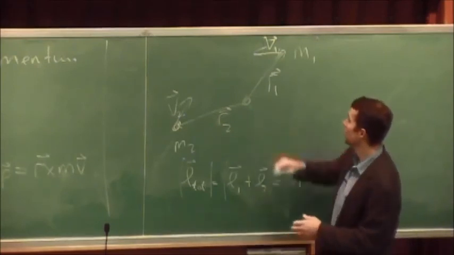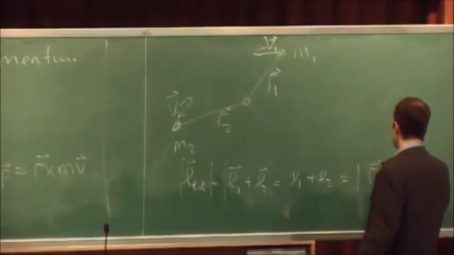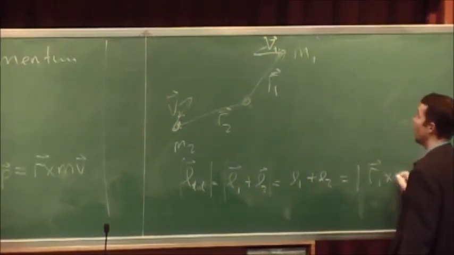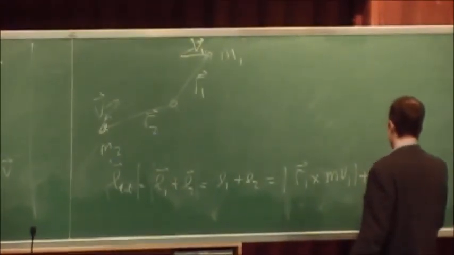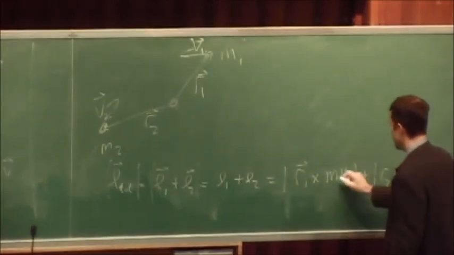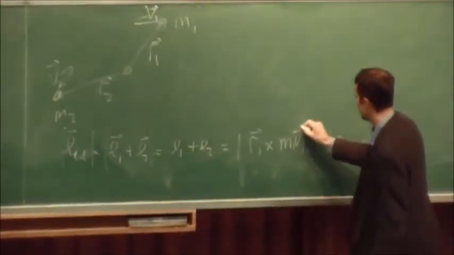So for L1, I would just take the magnitude of r1 crossed with m1 v1, plus the magnitude of r2 crossed with m2 v2.